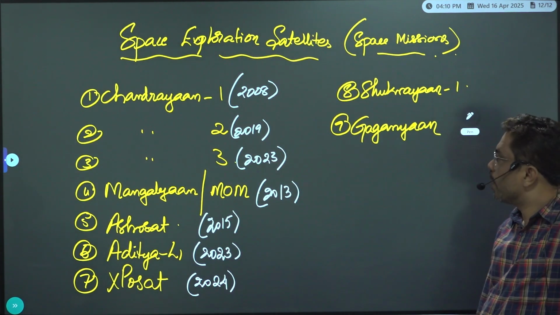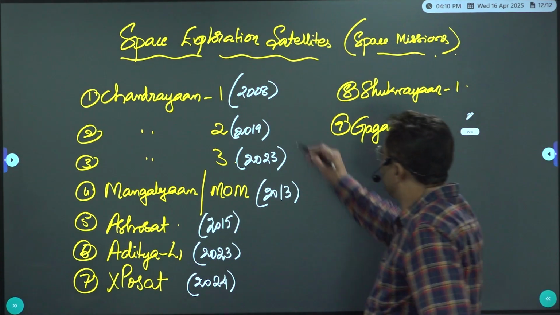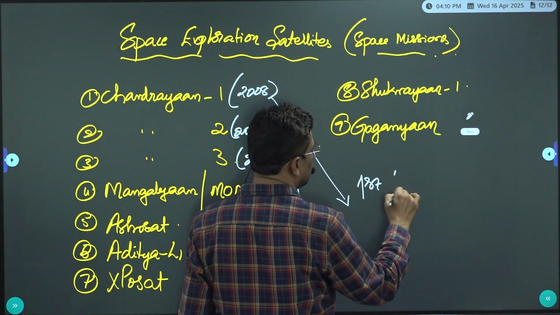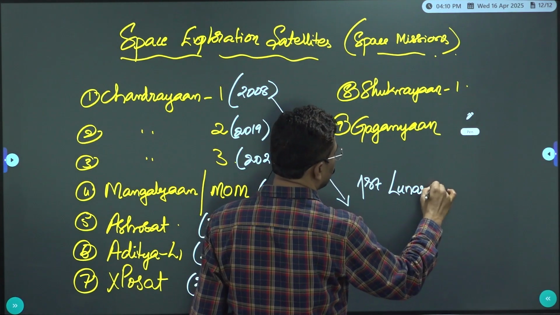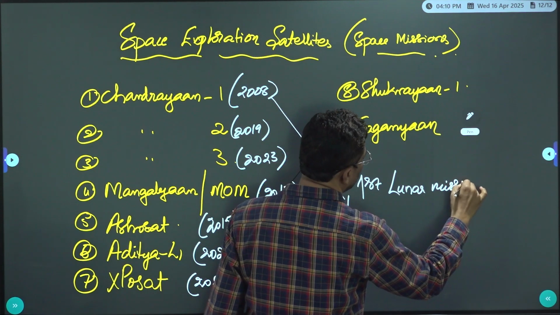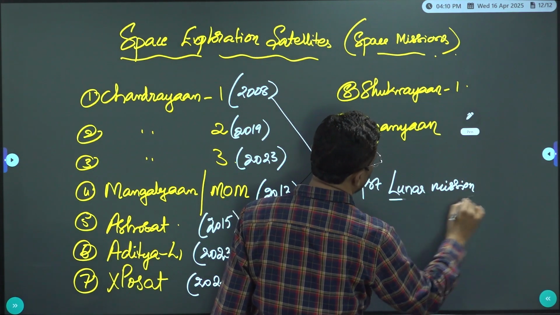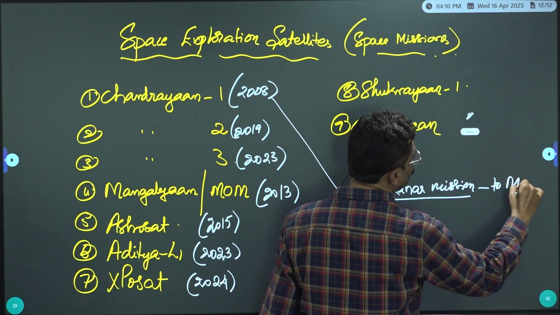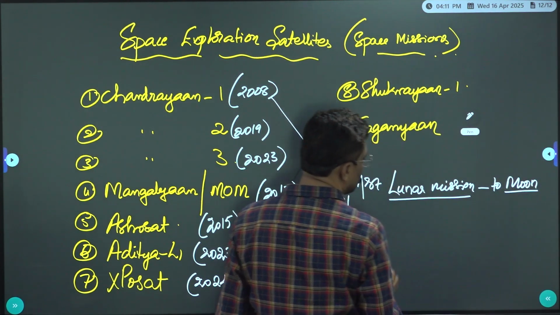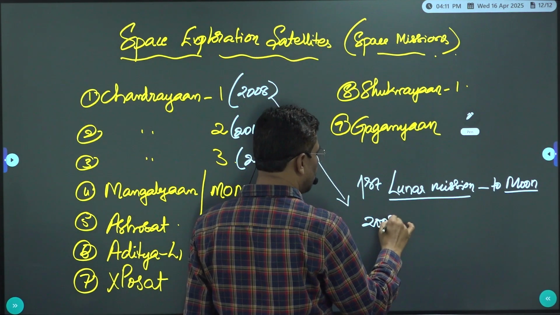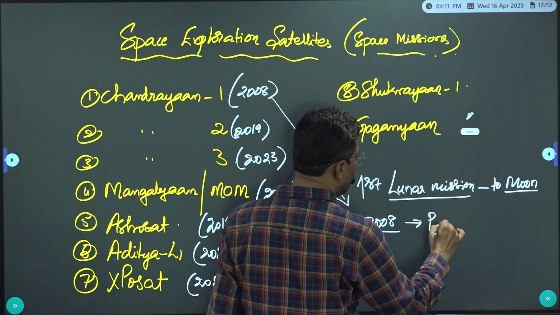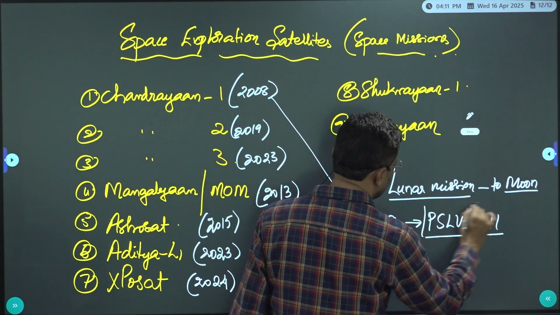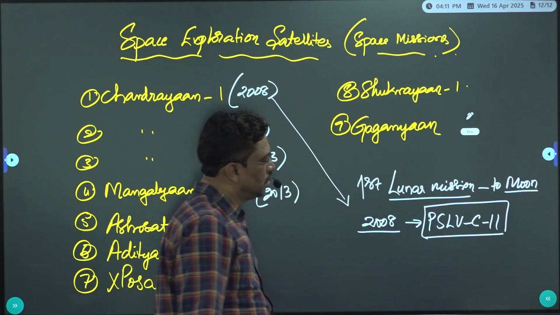So if you observe Chandrayaan 1, it is the first lunar mission to the moon. It was launched in the year 2008 using the PSLV C11 rocket. You remember this one, PSLV C11 rocket.